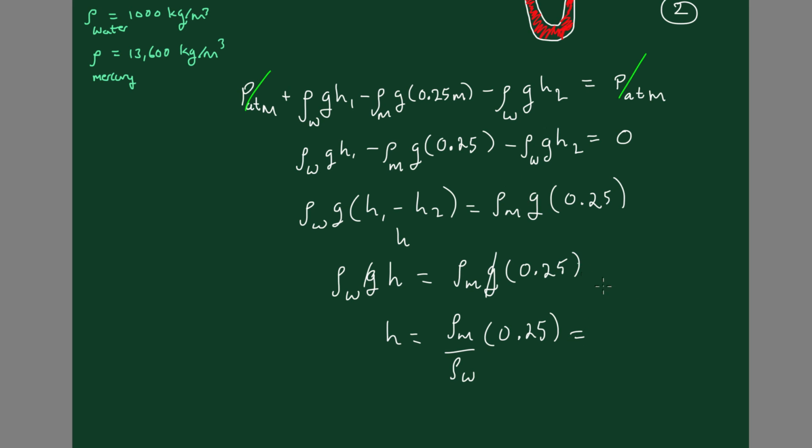If we plug in the values, we find 13,600 divided by 1,000 multiplied by 0.25, and this gives us 3.4 meters.